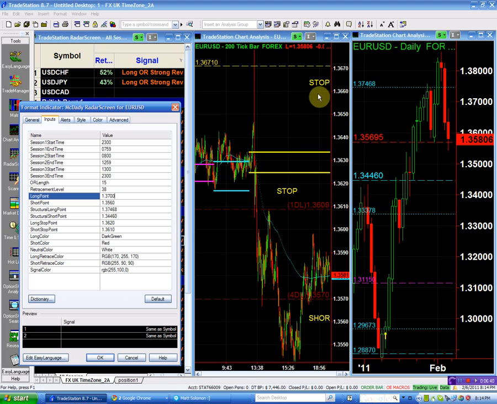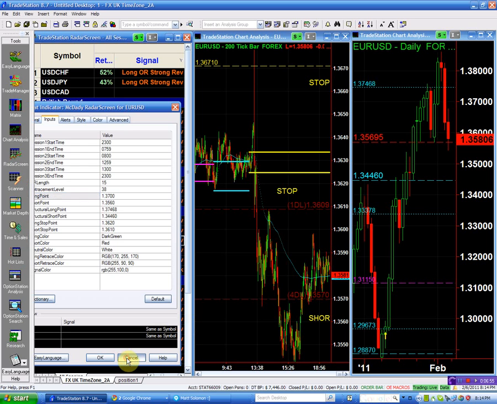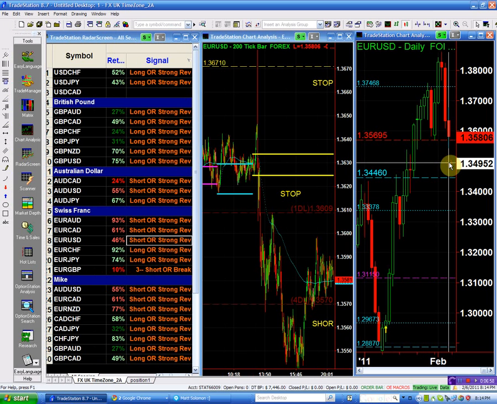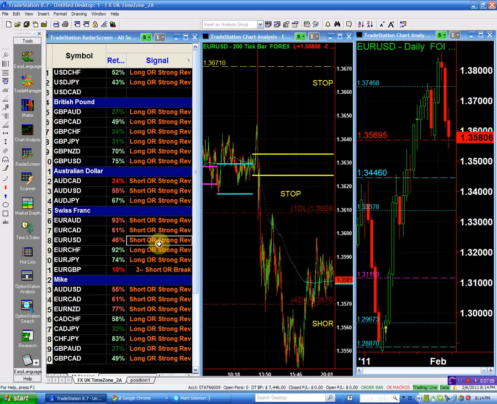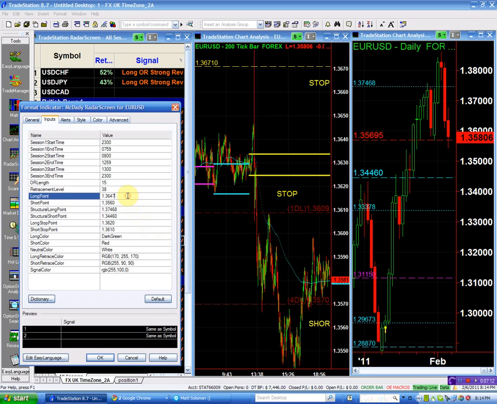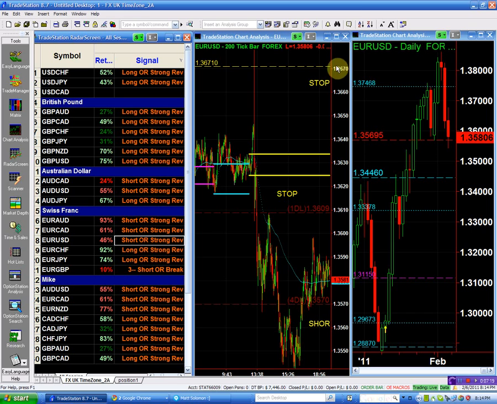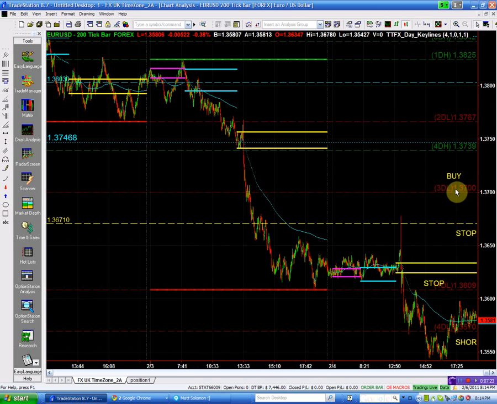And if I do buy it above 137, I'm placing my stop... 137 is too high. I don't like that buy. 136.78 is a better buy. So our buy is going to be here, 136.78.